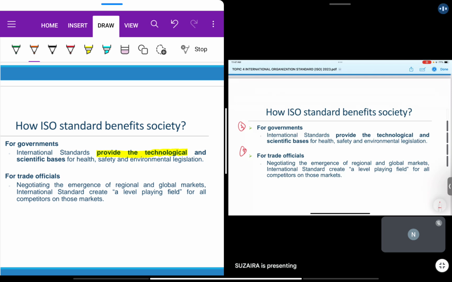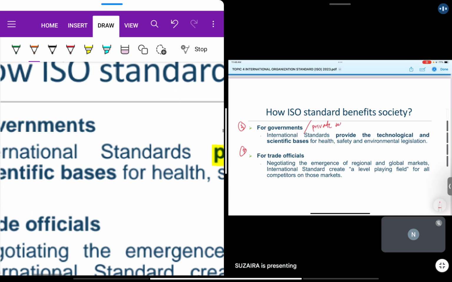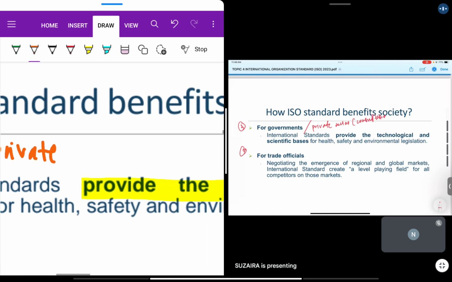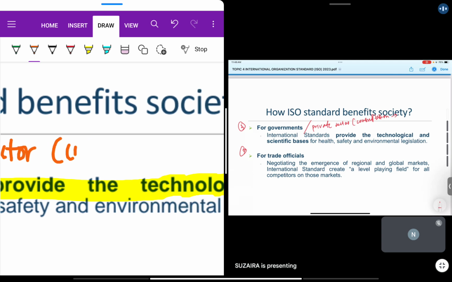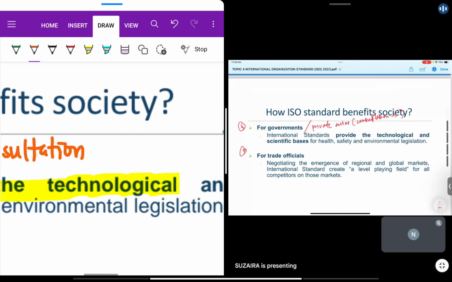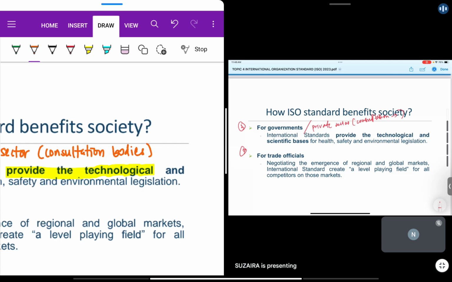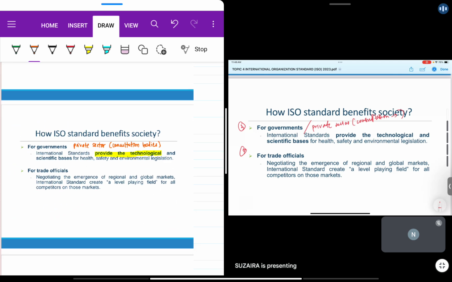So for government or private sector, whenever I talk about private sector, this is more towards consultation bodies that help a company to get the certificate. There are a lot of consultation bodies that do GMP, GHP, HACCP, and ISO, and they are actually making a lot of money, because this is not a simple task.